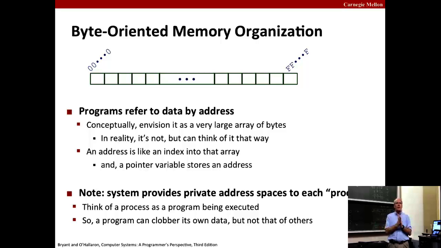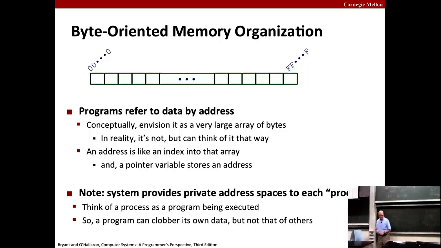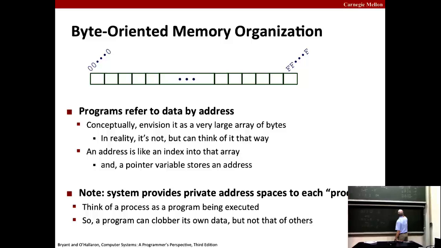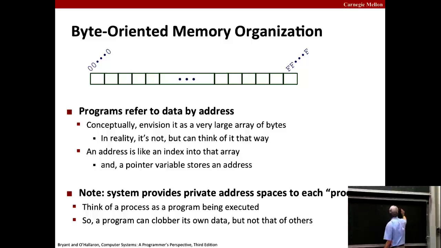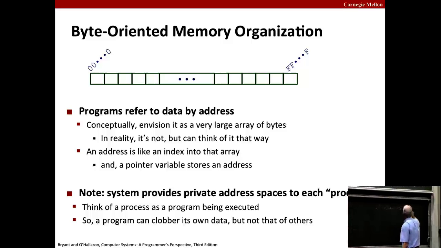But the point is that logically, your program thinks that it has an array of that many bytes. Let's try to figure out how big 2 to the 47th is. Anyone know it off the top of their head? There's a trick if you want to get an approximate idea, which is to say that 2 to the 10th, which is 1024, is approximately equal to 10 to the 3rd.